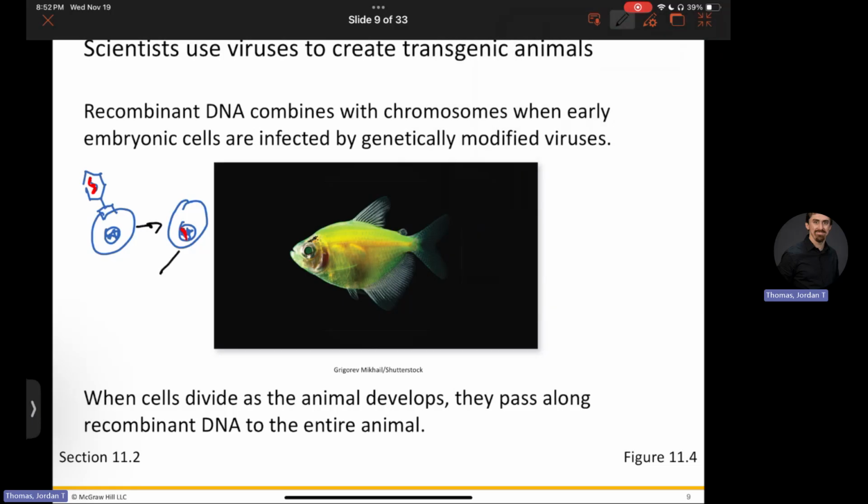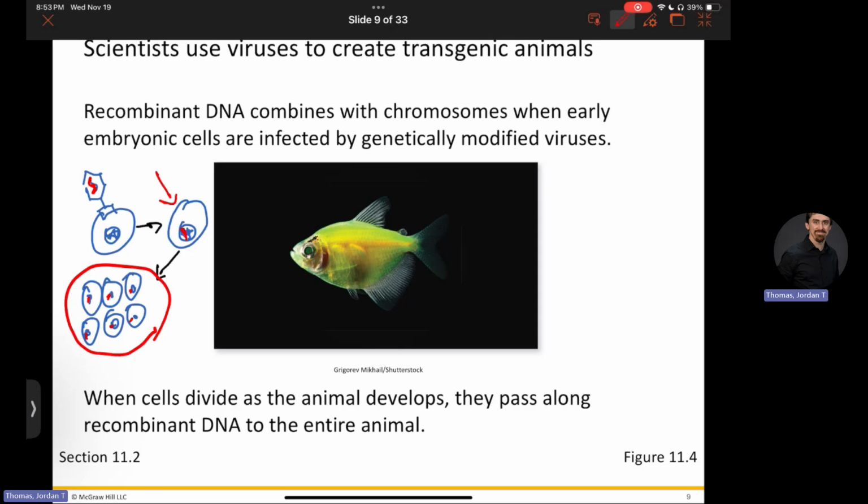But then when it starts to grow into the organism, all of the cells now have that recombinant DNA in it. I'm doing this very simply. So recombinant DNA combines with the chromosomes when early embryonic cells are infected by genetically modified viruses. When the cells divide, as the animal develops, they pass along that recombinant DNA to the entire animal.